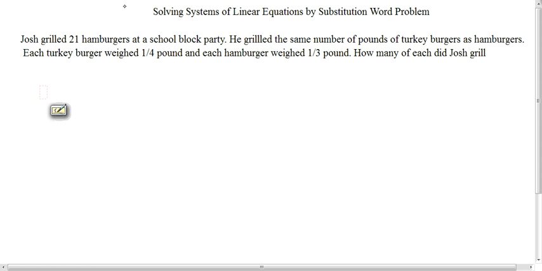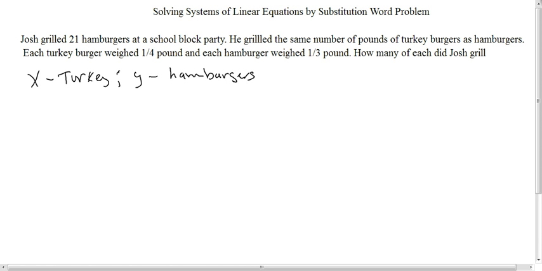So we'll say X will be our turkey burgers, and let's let Y be our hamburgers. Okay, that sounds good.